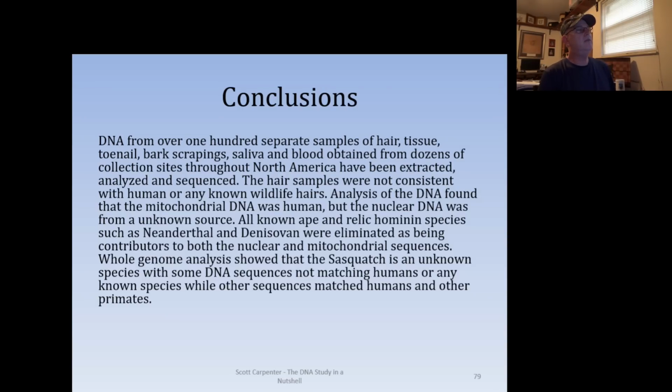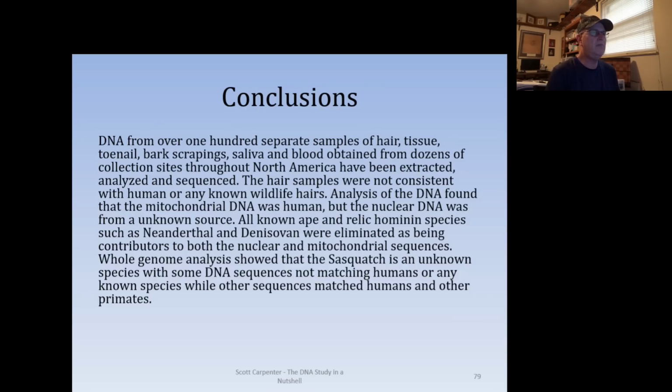So the DNA from over 100 separate samples of hair, tissue, toenail, bark scraping, saliva, and blood obtained from dozens of collection sites throughout North America have been extracted, analyzed, and sequenced. The hair samples were not consistent with human or any known wildlife hairs. Analysis of the DNA found that the mitochondrial DNA was human, but the nuclear DNA was of an unknown source.